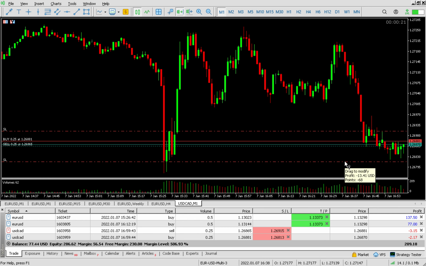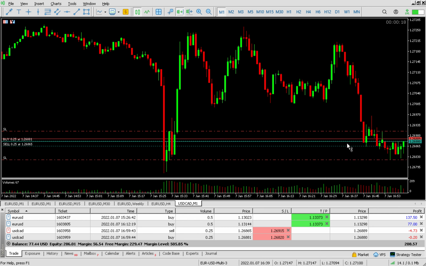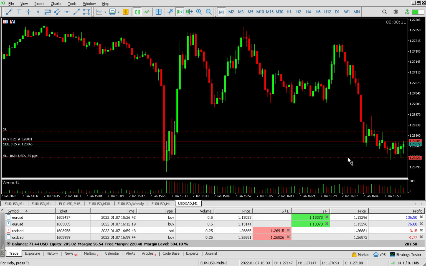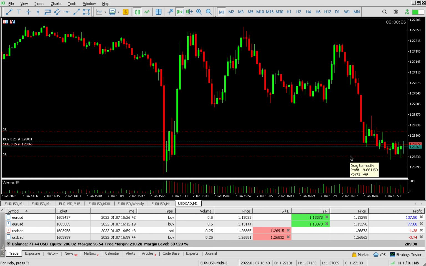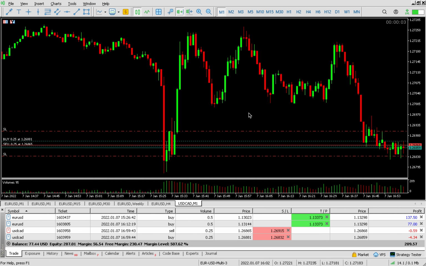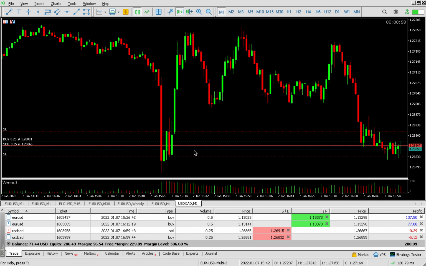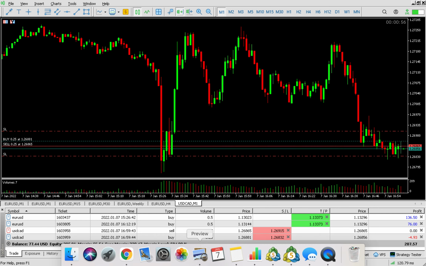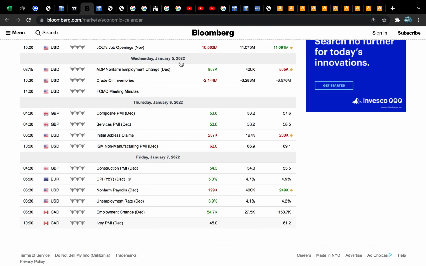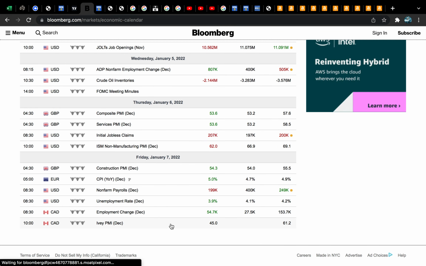So they just had their news release. I kind of always want to try this on the CAD because the CAD usually goes in one direction. When it's going, it goes in one direction. Yeah, so we can see it's lower.